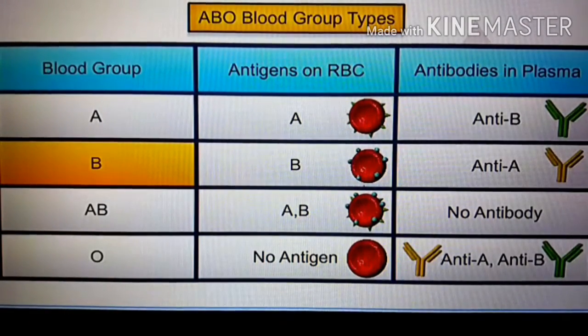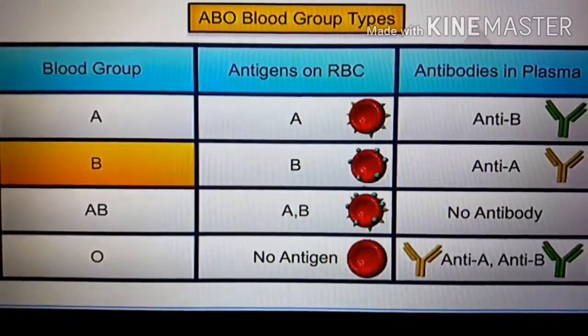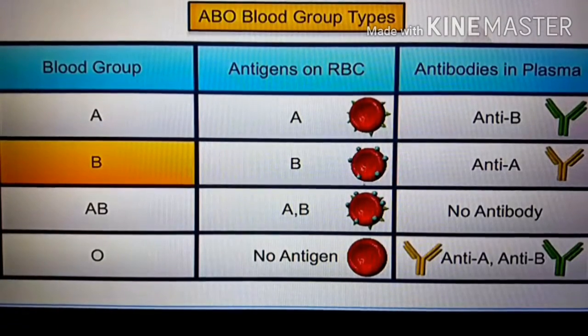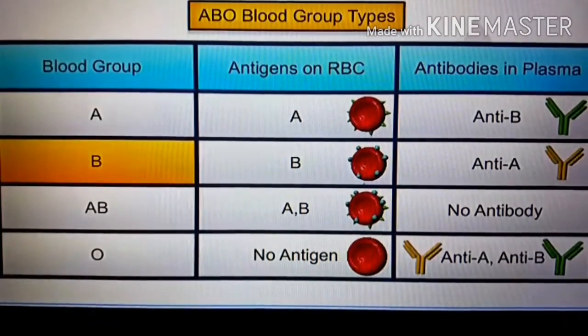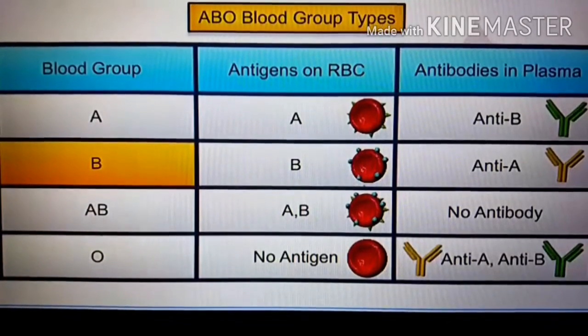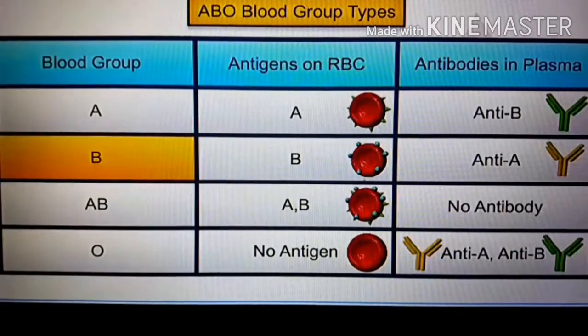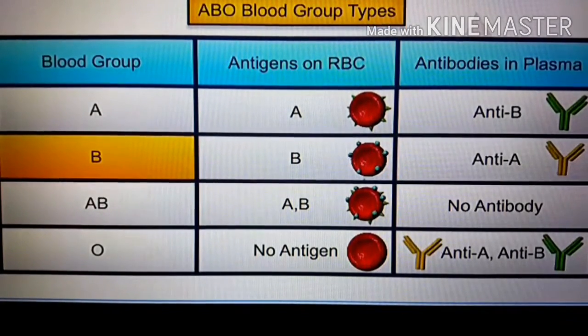And in blood group AB, no antibodies are present in plasma but both antigen A and B are present on the surface of RBC. In the O group, no antigen is present on the surface of RBC, but both anti-A and anti-B are present naturally in plasma.